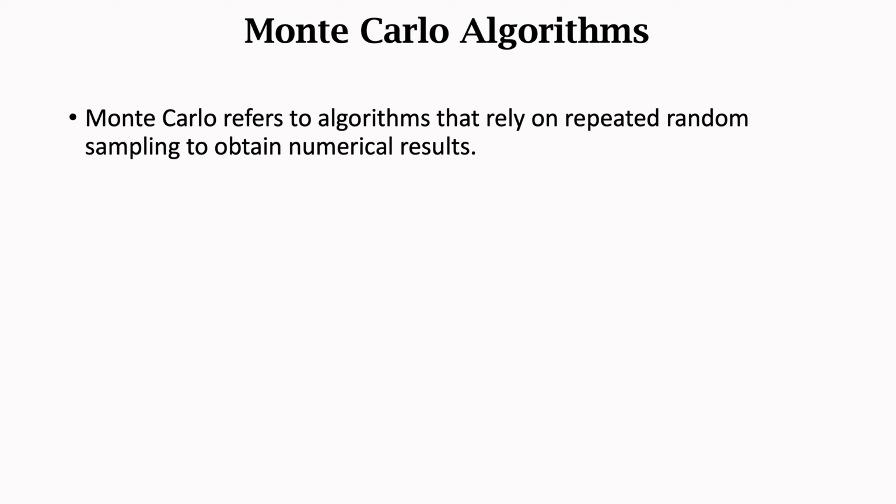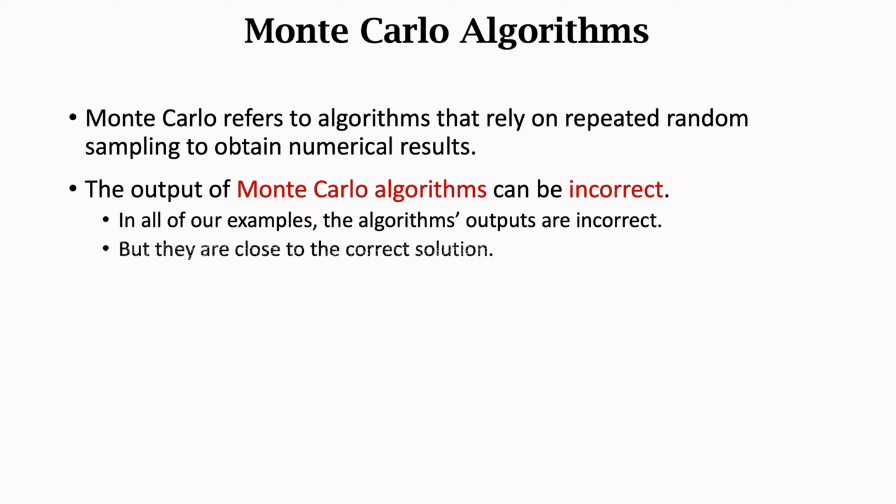The term Monte Carlo refers to algorithms that rely on repeated random sampling to obtain numerical results. Monte Carlo is a family of randomized numerical algorithms. The outputs of Monte Carlo algorithms can be incorrect, and they are typically incorrect. In all of our examples, the algorithm's outputs are incorrect.